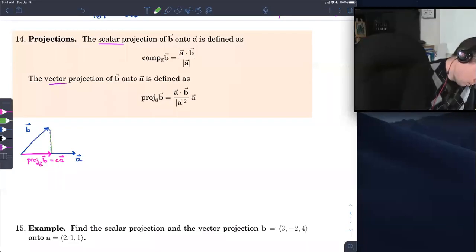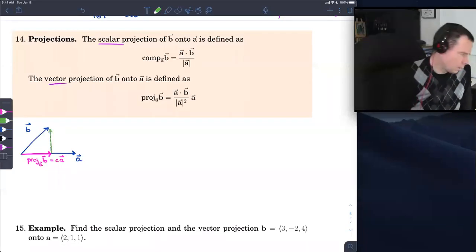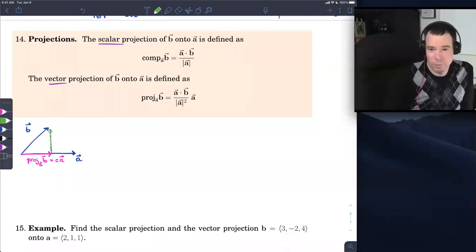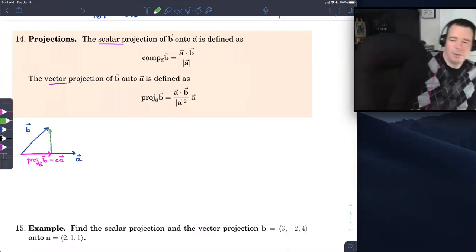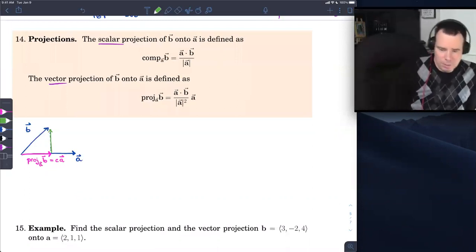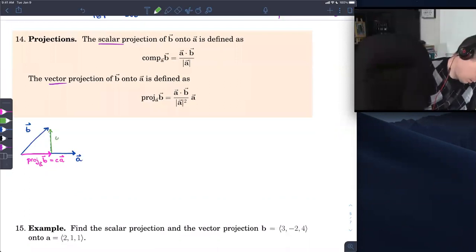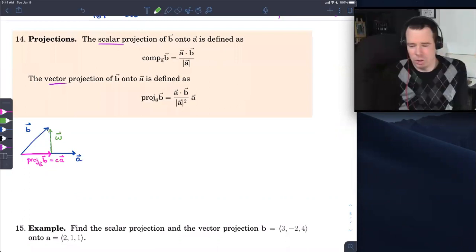Then what I could do is I could say, well, B can break up into two different vectors. I can write it as a sum. It's the sum of the projection vector plus this other green vector. What's the green vector? Well, the green vector is going to be B minus the projection vector, but we'll get that relationship in a second.